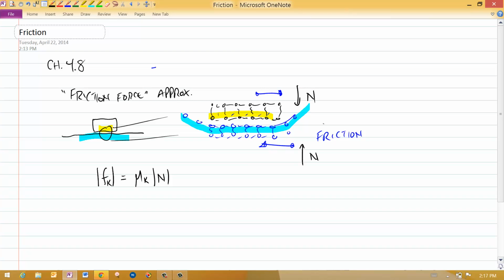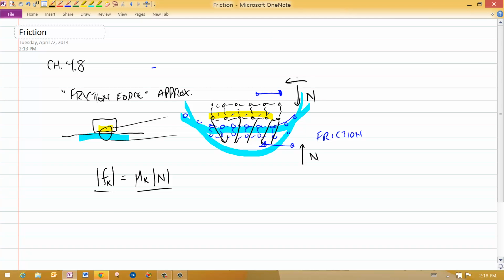It is a little weird, but it is perpendicular to the surface. So the friction force gets large in proportion to the load of the surfaces. If I press them harder, then the yellow surface will invade the blue surface even more, and the blue surface will be pressed down more, and there'll be a bigger lip here for the yellow surface to catch.